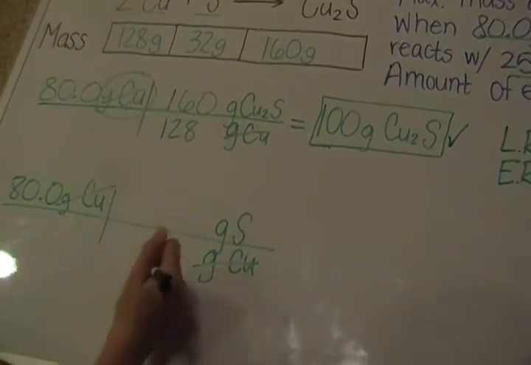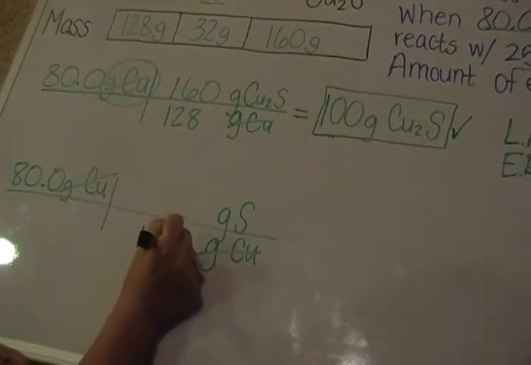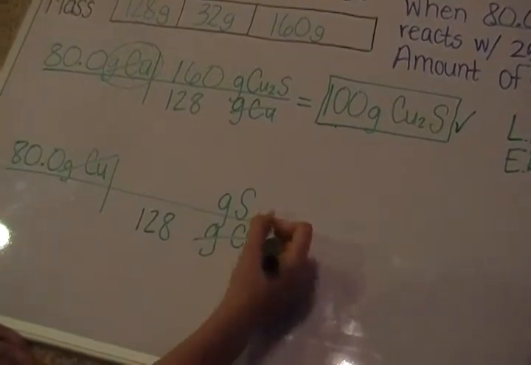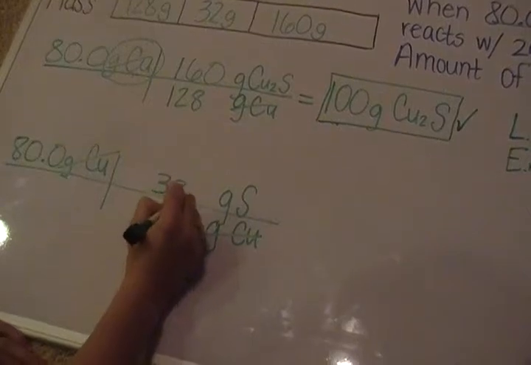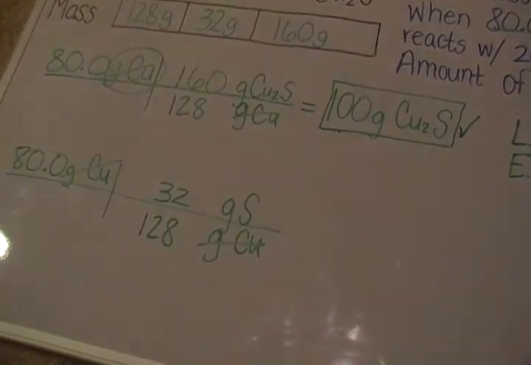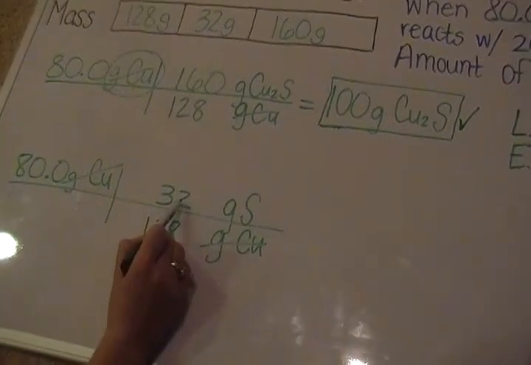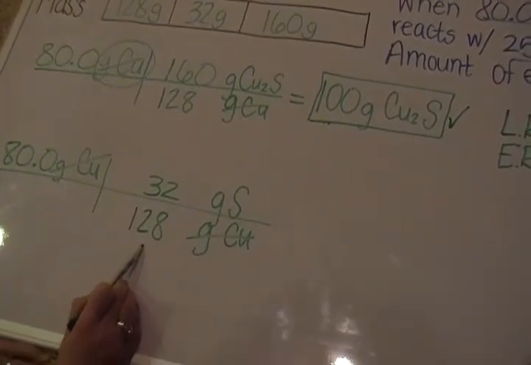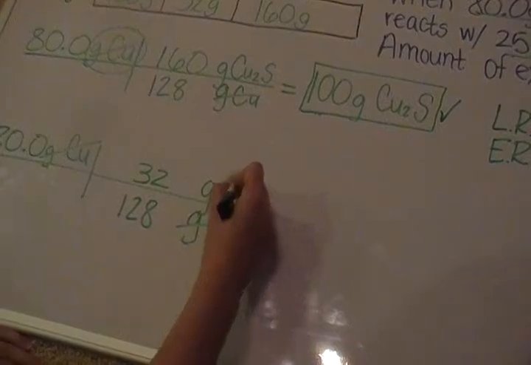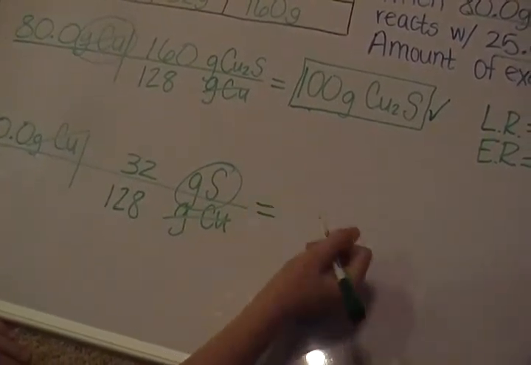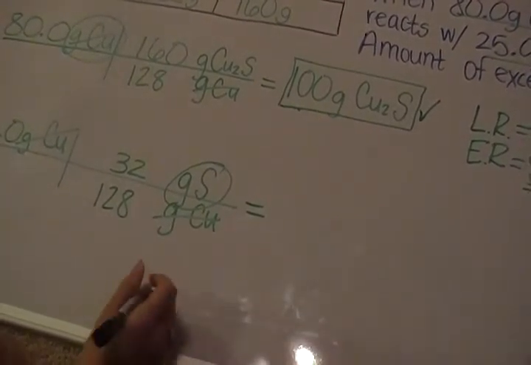Okay, copper was 128 grams, and that's because it's 2 moles of copper. Sulfur is 32 grams, and that's just the molar mass of sulfur. And I'm going to take my 80 grams, multiply it by 32, divide by 128. This is going to tell me how much sulfur it took to react with 80 grams of copper.